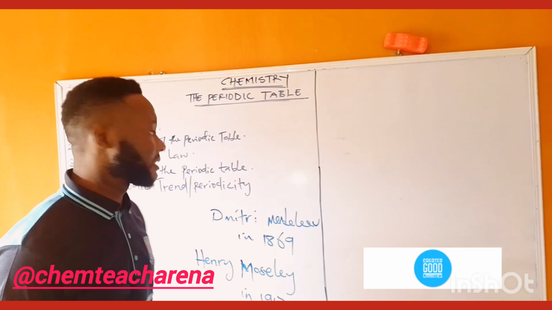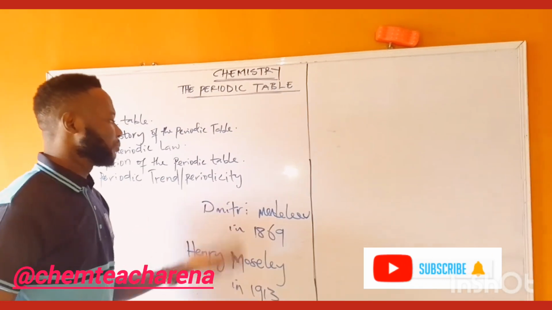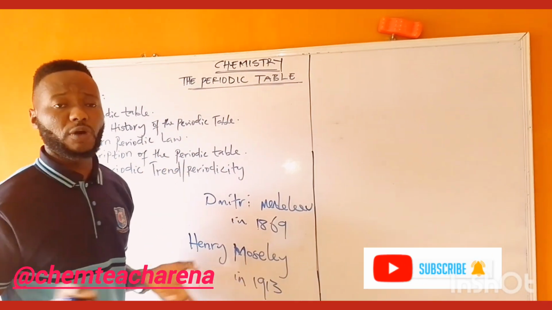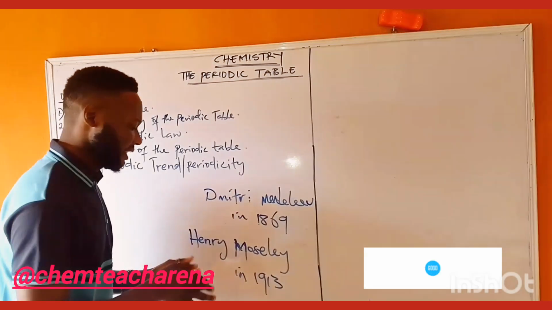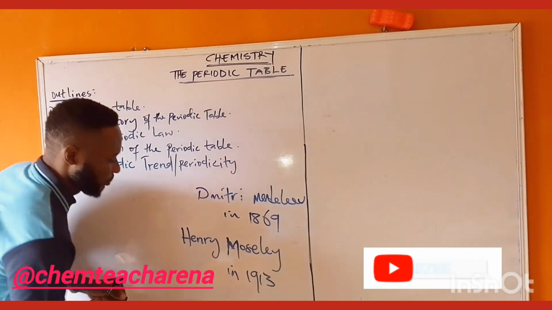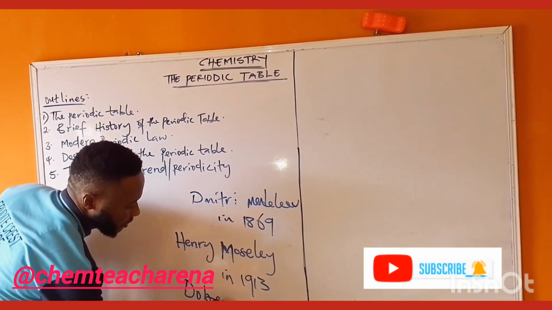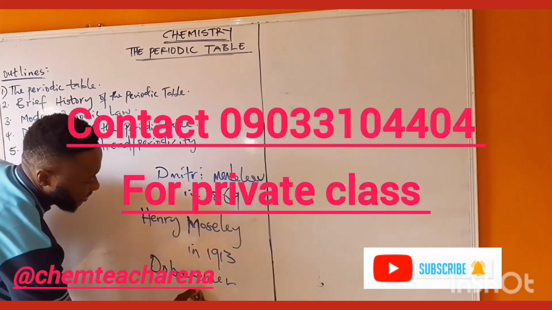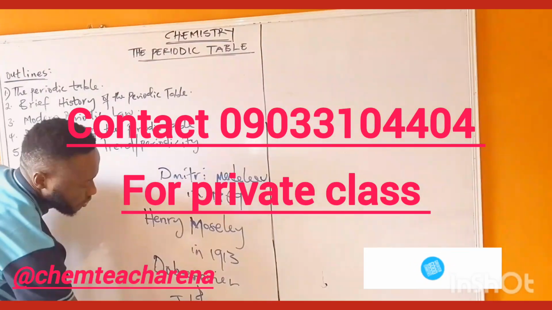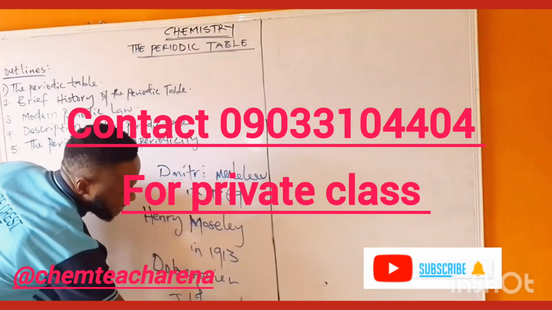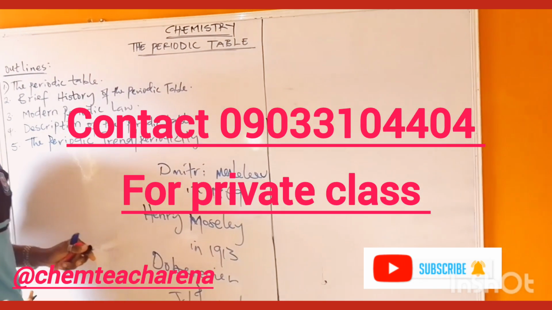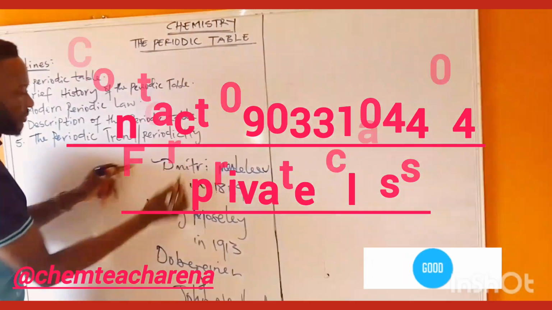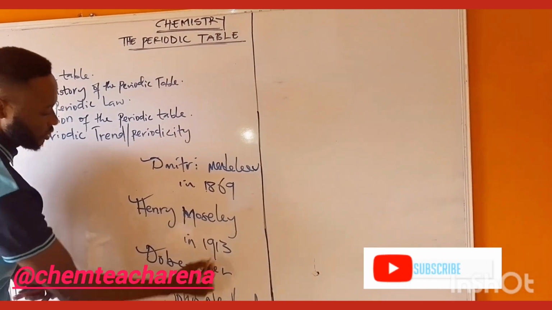But other scientists that contributed to the arrangement of the periodic table, we have Dobereiner, we have John Newlands, and others. I talk about Dmitry, Henry Moseley, Dobereiner, John Newlands.